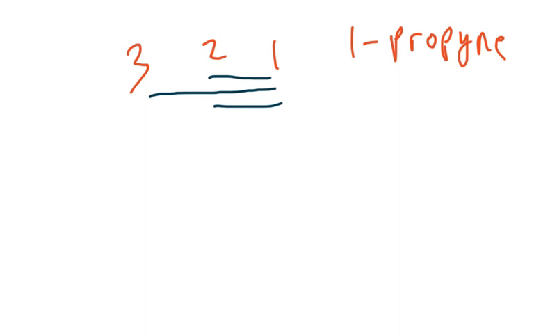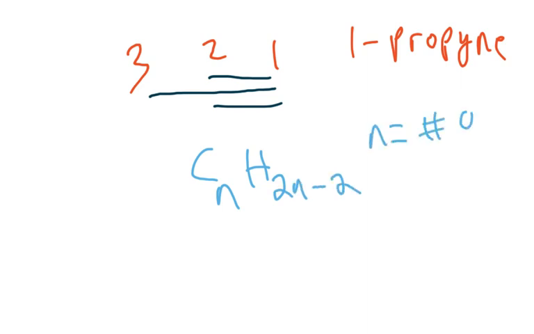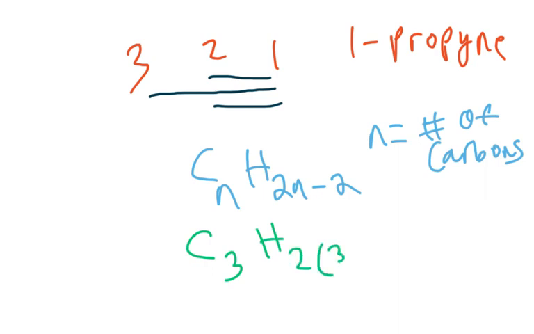So because you know it's 3, you can use that formula right away, which is CnH2n-2, where n is equal to the number of carbons in your molecule. In this case, propyne has 3 carbons, so it'd be C3H(2 times 3 minus 2), which is C3H4.